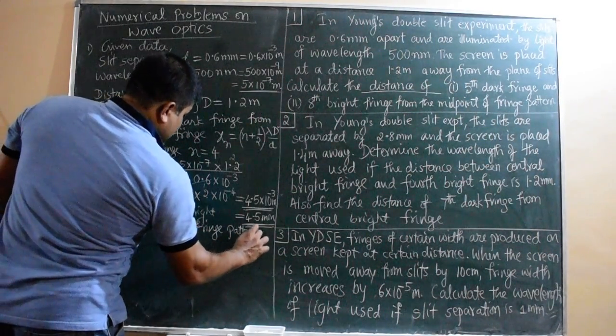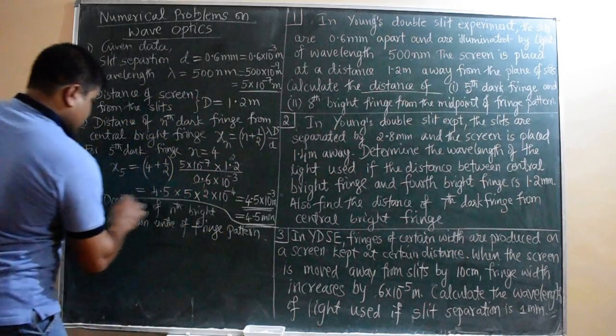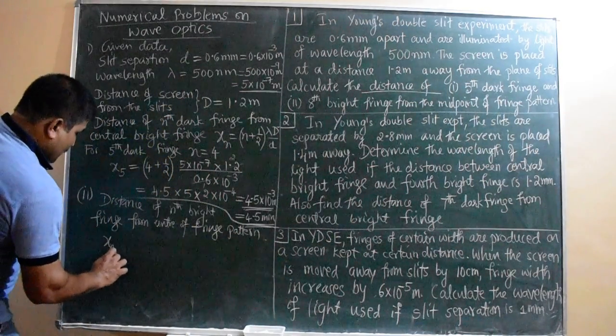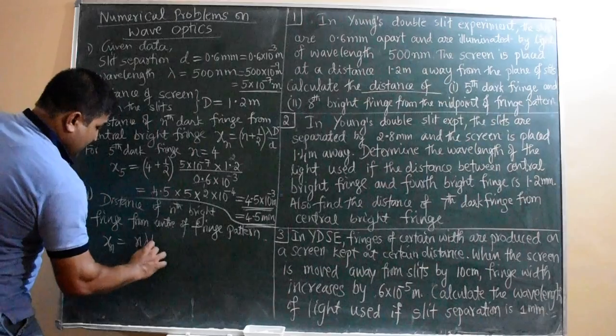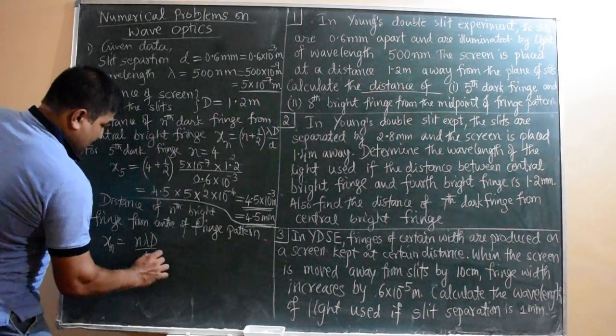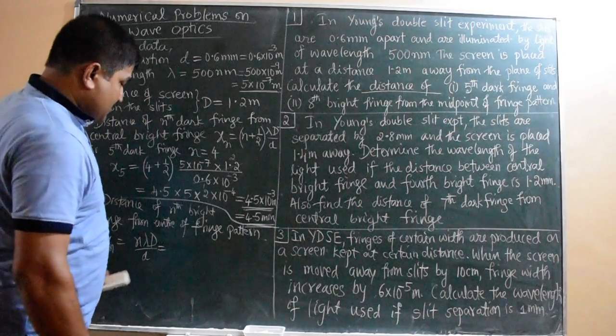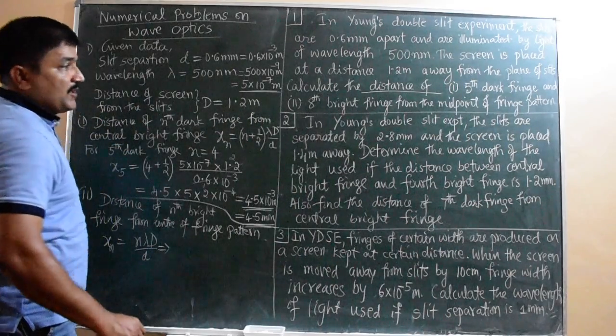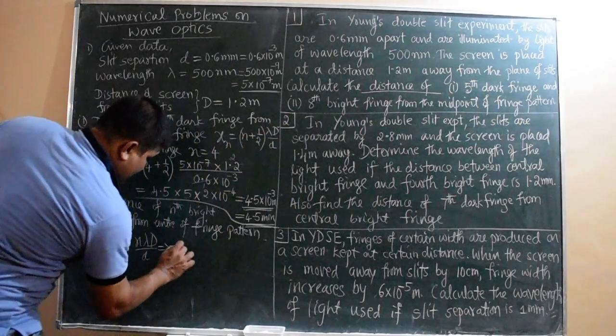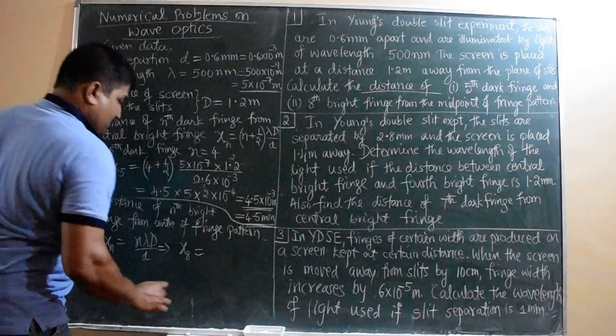That formula is xn equal to n lambda D by d. Here we need the distance of the 8th fringe, so x8 is required.